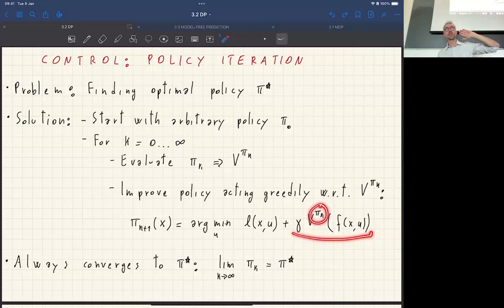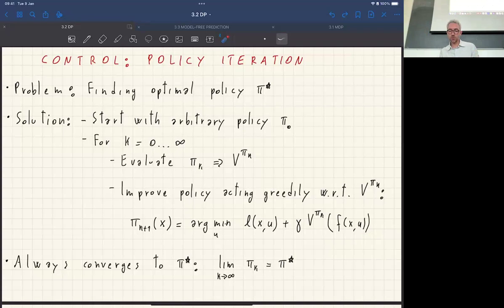So you're saying what I pay now plus what I would pay afterwards following the policy I already have computed. And if you reason in that way, the control input that you choose cannot be worse than the one that pi k would choose.